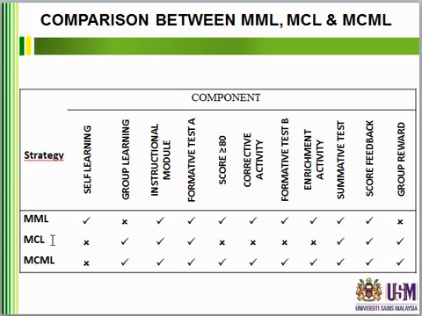But the multimedia assisted cooperative learning does not have the self-learning. It is not necessary for them to score more than 80, or it lacks corrective feedback, formative tests, as well as the enrichment activity. However, the MCML only lacks the self-learning, because the cooperative learning is actually going on the whole time in that strategy.